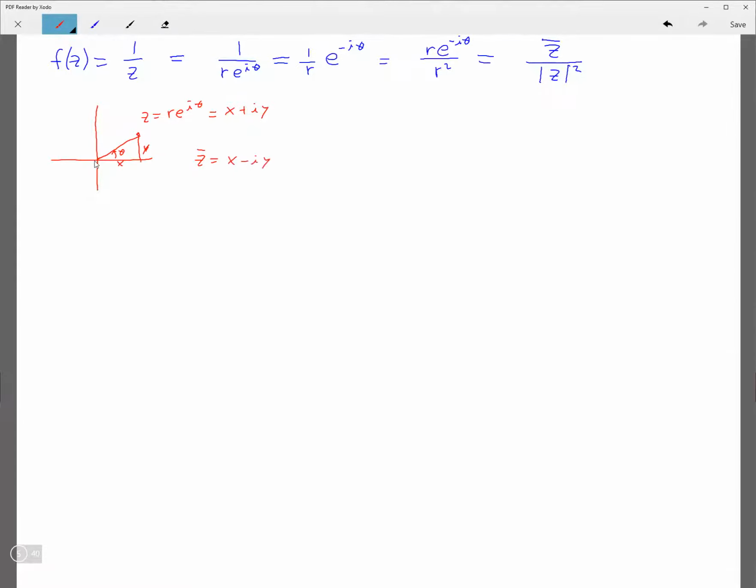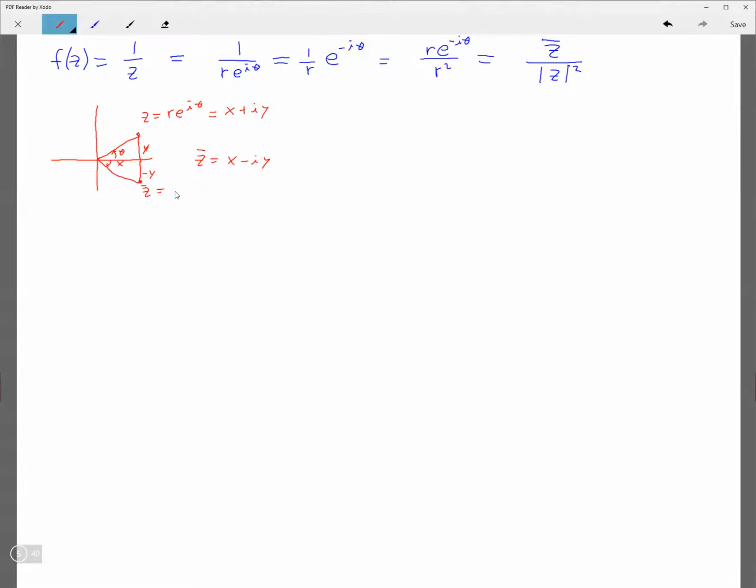On the graph, you're going over x, but instead of going up, you're going down. That's minus y, so here's the conjugate. What's this angle? Negative theta.